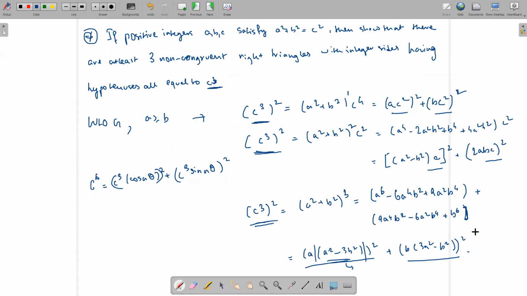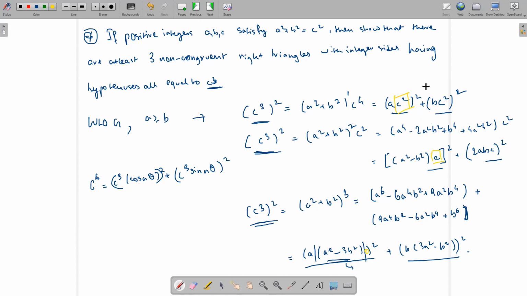The ratio of the sides, that is what you are saying, essentially. The powers of c, this is square, 1, and 0.